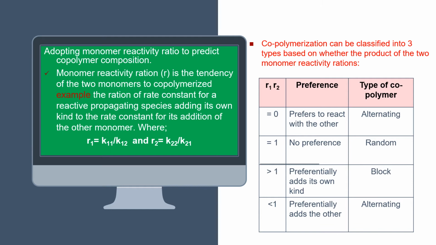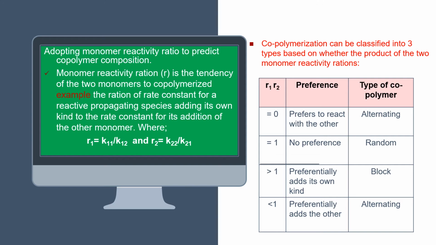While when the product of the reactivity of monomer 1 and monomer 2 is equal to 1, there is no preference, so it will produce a random copolymerization. If it is greater than 1, each monomer preferentially adds its own kind, so it will produce a block copolymer.